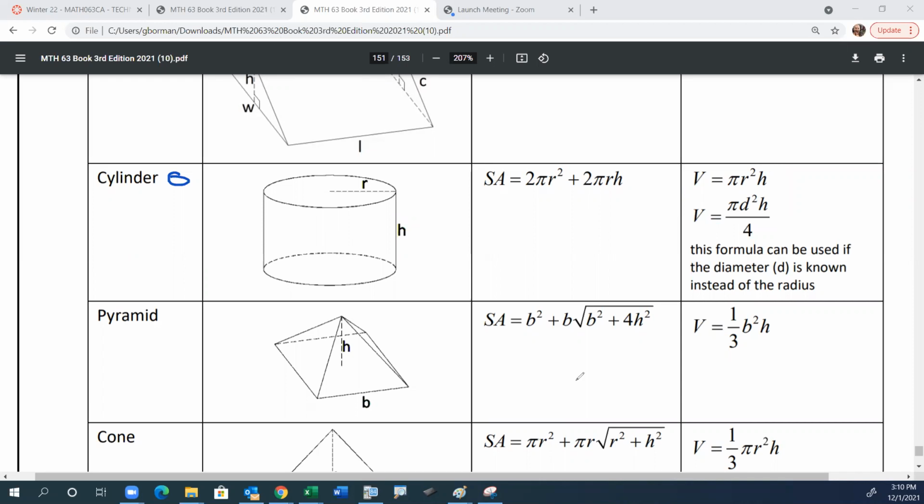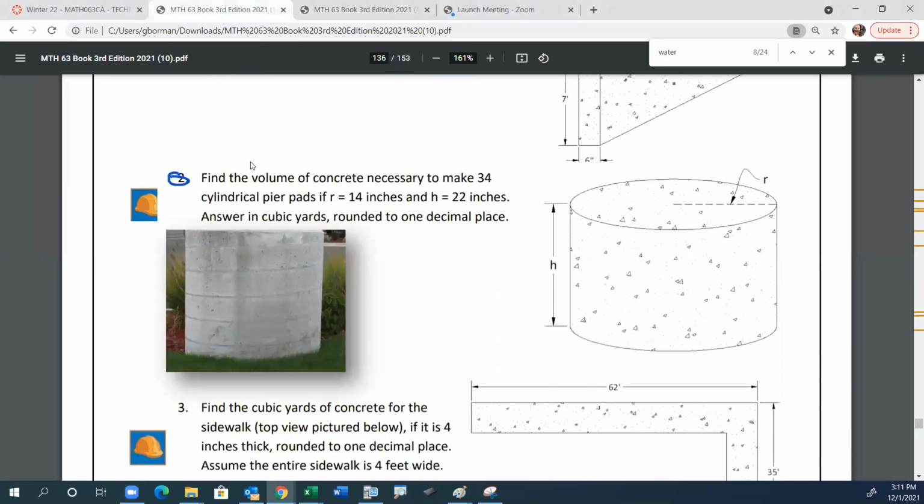They're giving us the radius, so let's use the radius formula, which is pi r squared h, and that's it. So pi times the radius of 14 inches squared times the height of 22 inches.